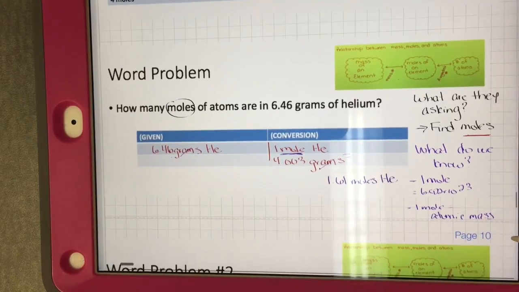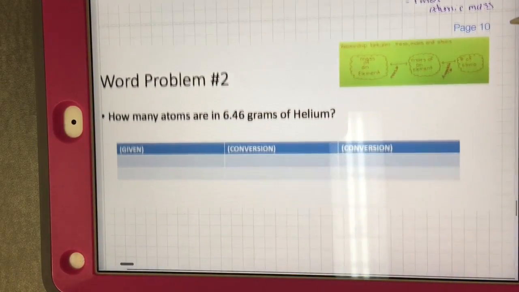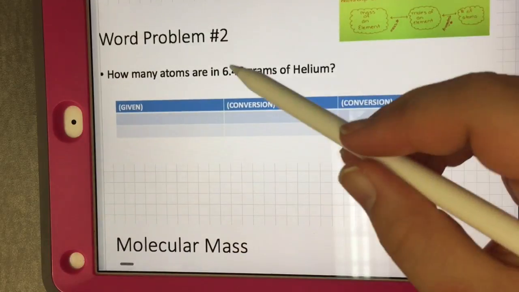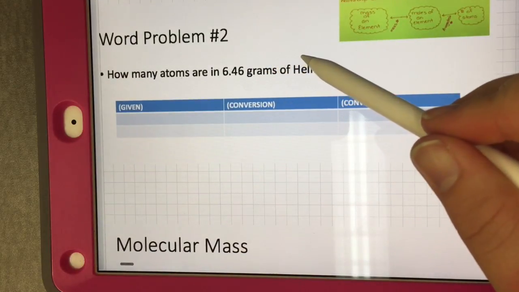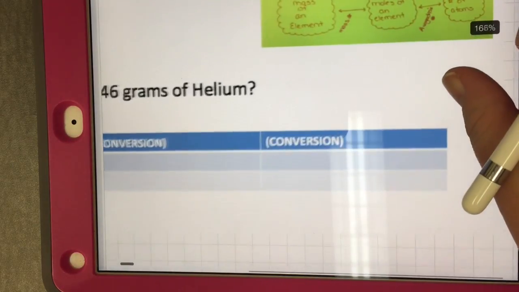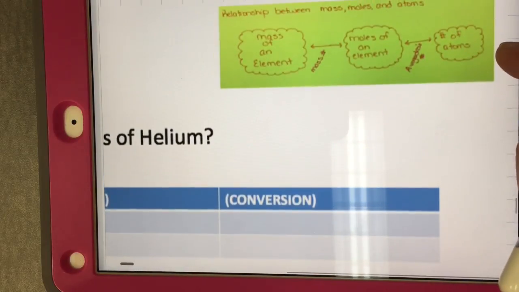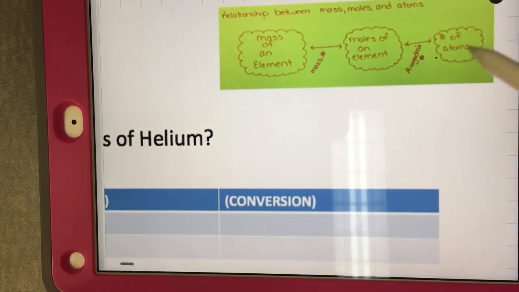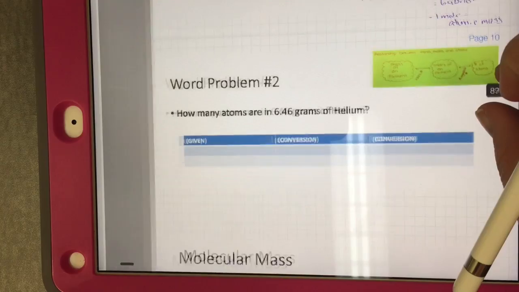And so we're going to take this one step further, and we're going to say how many atoms are in 6.46 grams of helium. And so when we're using this map up here, we're given weight, and it's asking for number of atoms. And so we just found the moles.